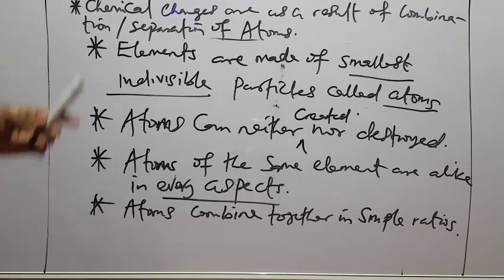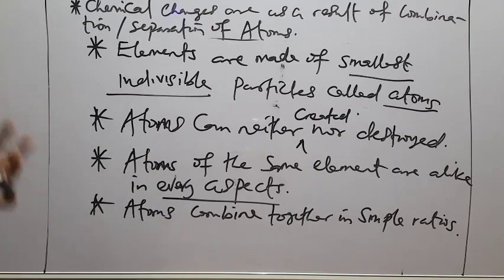For example, Dalton states that elements are made up of smallest indivisible particles called atoms. The modern atomic theory has found that an atom can be divided into the proton, the neutron, and the electron.